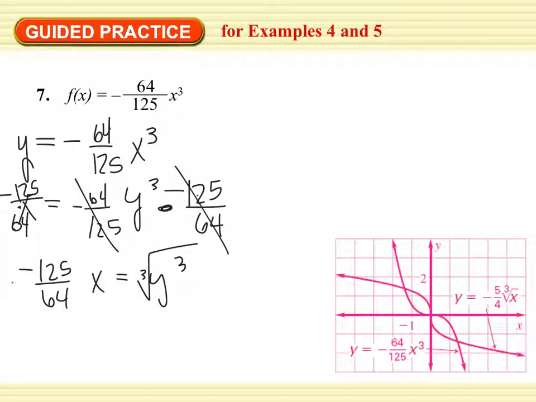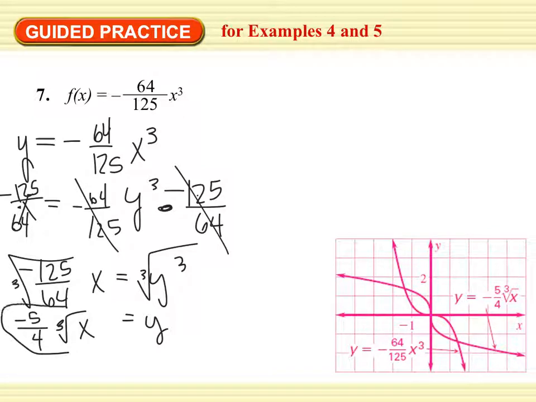Take the third root of both sides. I don't know why that's so long. So sorry. That gives me y on this side. And negative 5 over, I think that's 4. 4 times 4 times 4 is 64. Sweet. Cubed root of x.